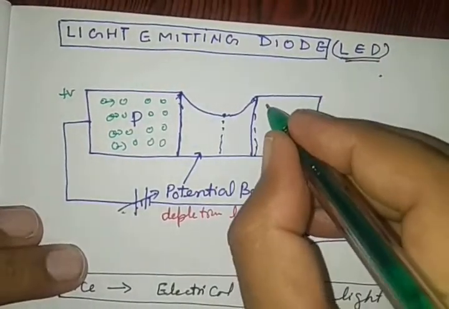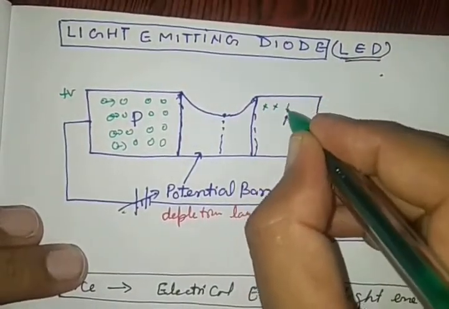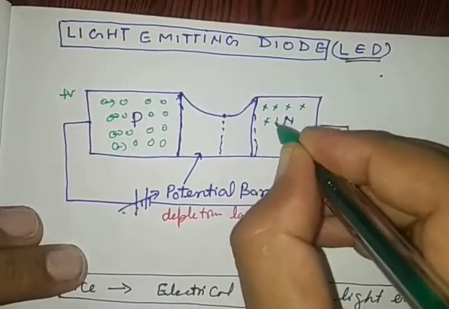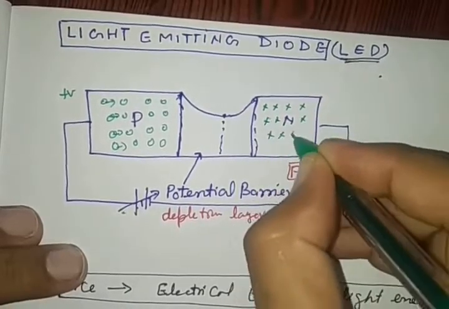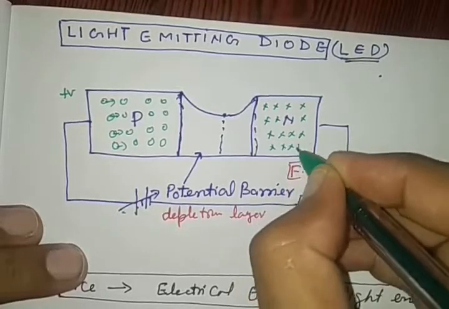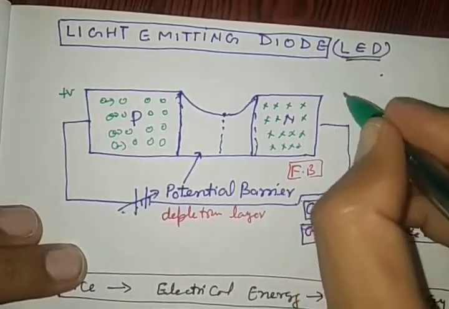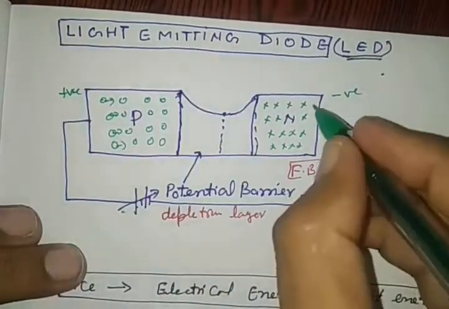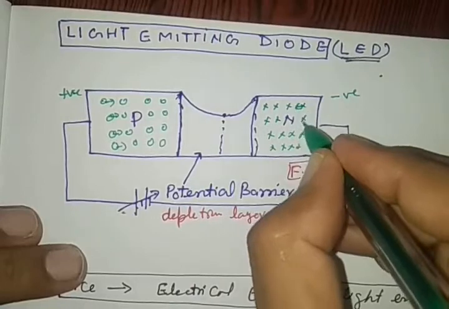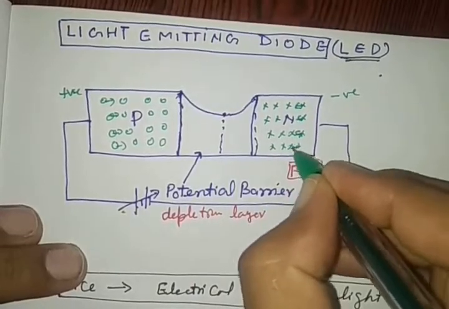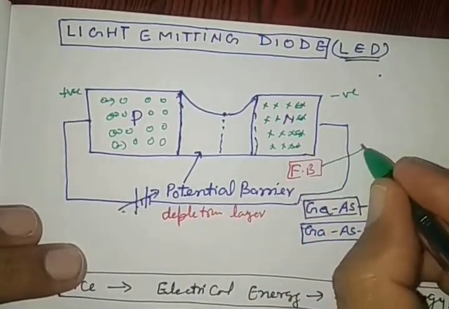Now on this side, majority charge carriers are electrons. This is connected with negative in a forward bias, so negative potential is set up here. This side is positive, so electrons are repelled this side.